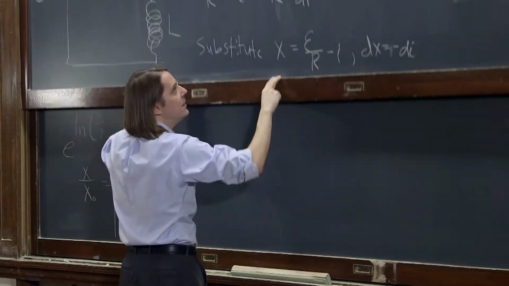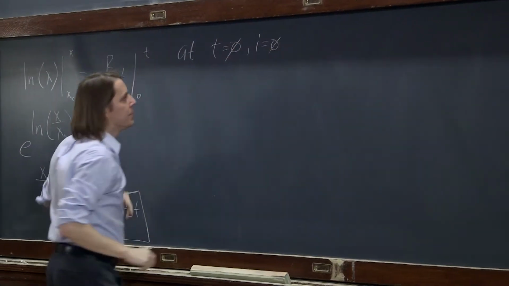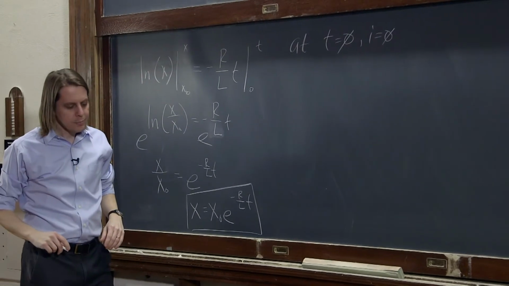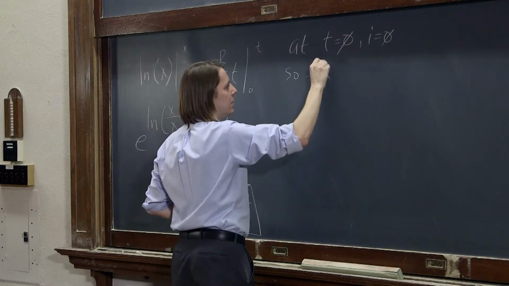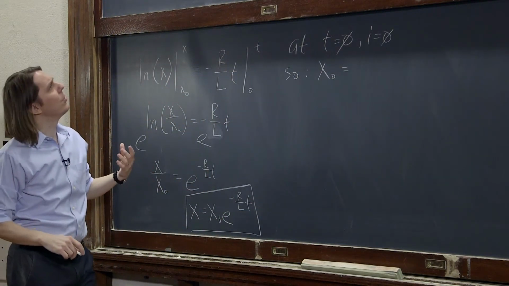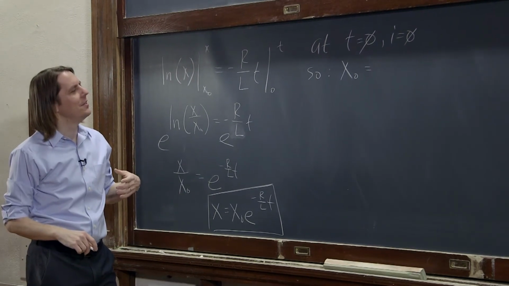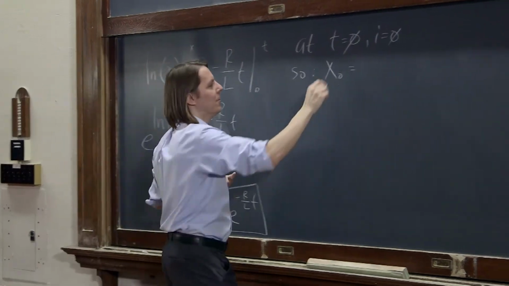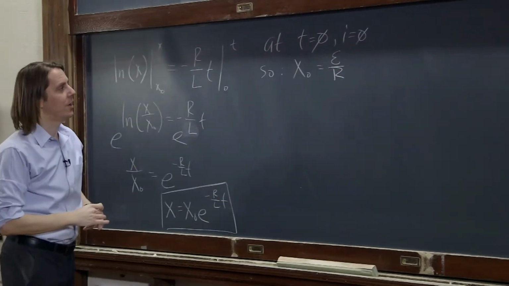So at t equals 0, I equals 0. That tells us what x naught is. If x is the EMF over R minus I, then x naught would be the EMF over R minus nothing. So x naught is just the EMF over R.